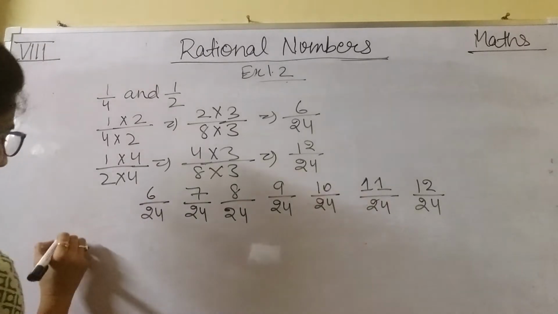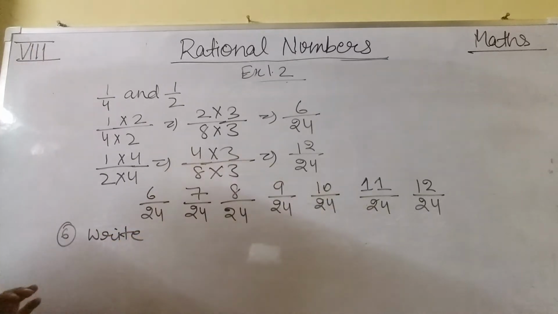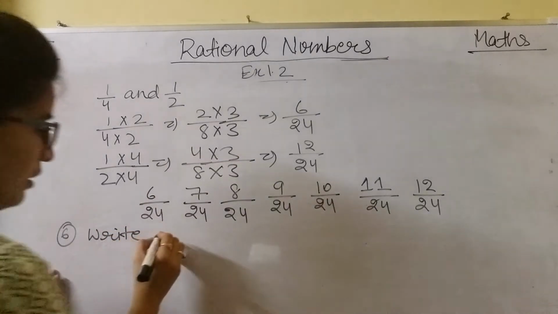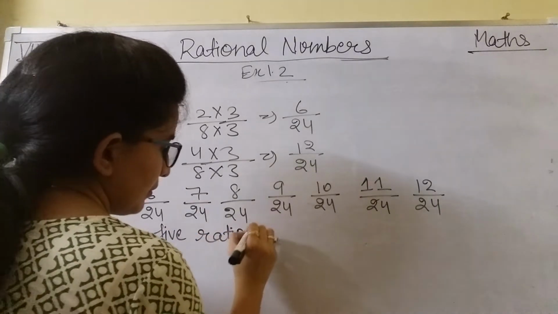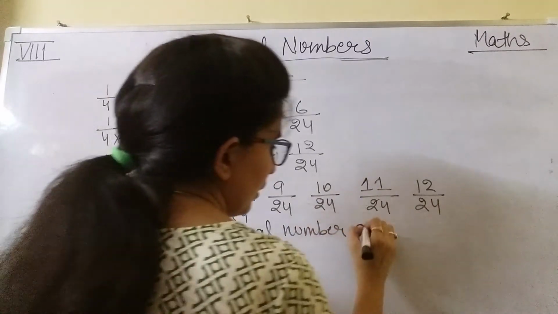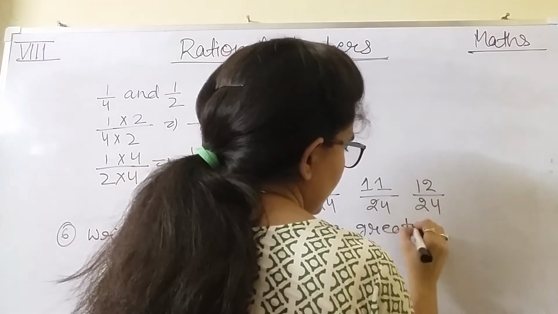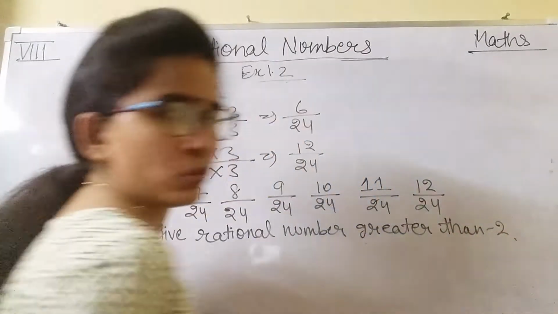Now question number 6 is, write 5 rational numbers greater than minus 2.